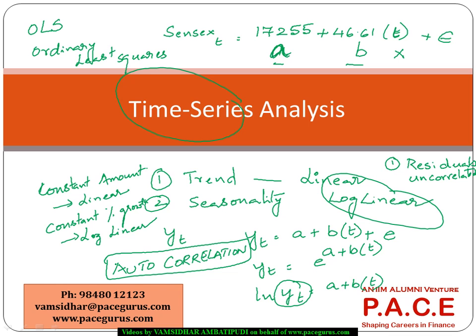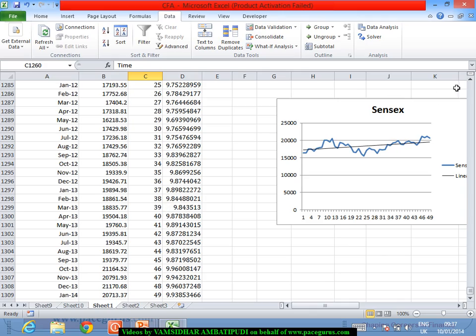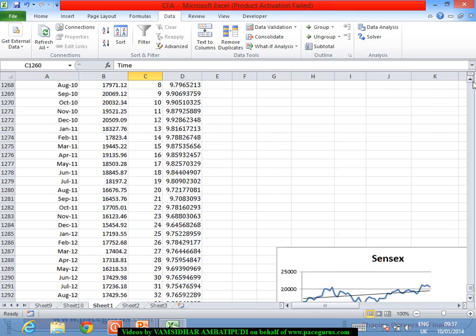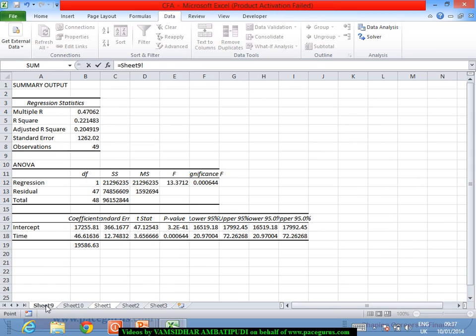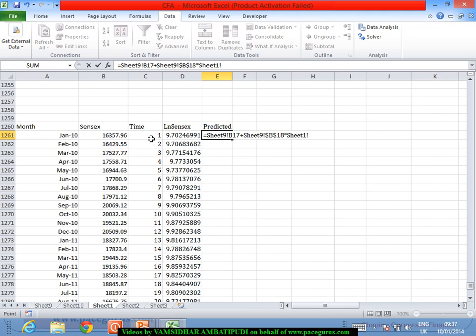The other way is to plot the residuals. Let's say this is our regression model. Using this regression model, if I do a prediction, assume I go with the original itself, not the log transform, the intercept plus the coefficient times the time.